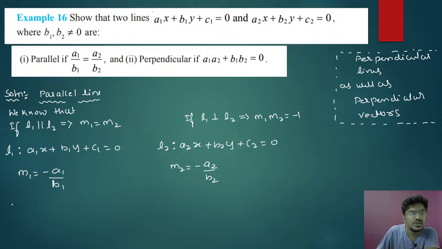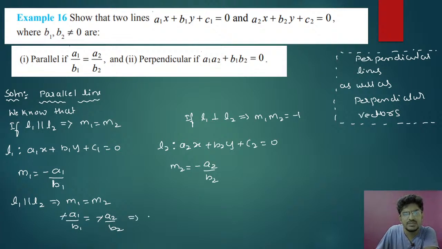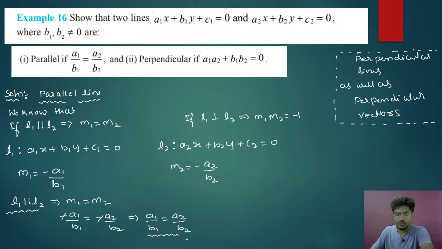Now let us consider L1 is parallel to L2. This implies M1 is equal to M2. What is M1? Minus A1 by B1. And what is M2? Minus A2 by B2. So you can cancel minus and minus. This implies A1 by B1 is equal to A2 by B2. We have shown that if two lines are parallel, A1 by B1 is equal to A2 by B2.